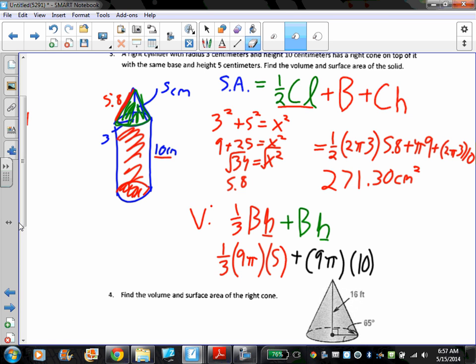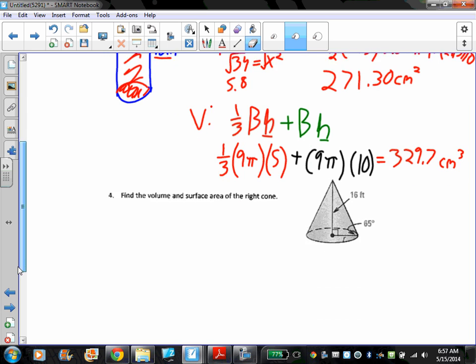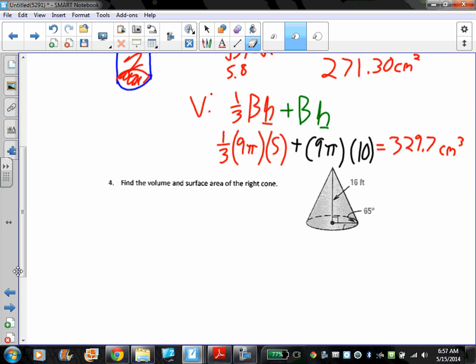And that gives us about 329.7 centimeters cubed. I think you've seen a lot of the calculations at this point, so I just want to give you the setup of this one, and then I'll let you get to start working on your assignment.